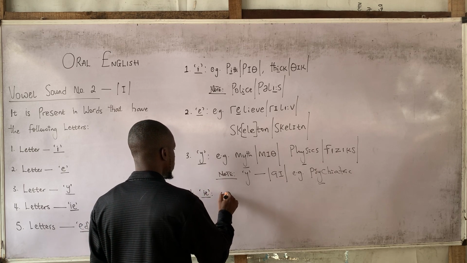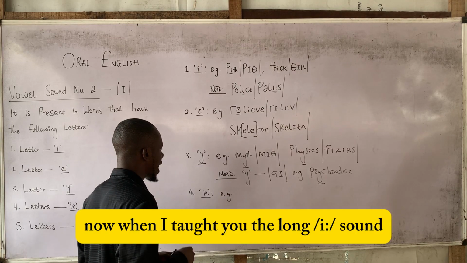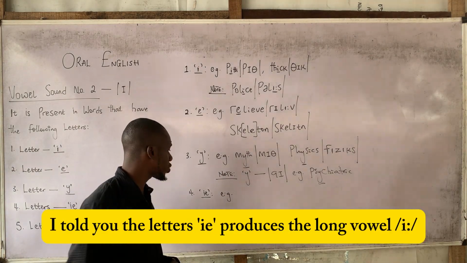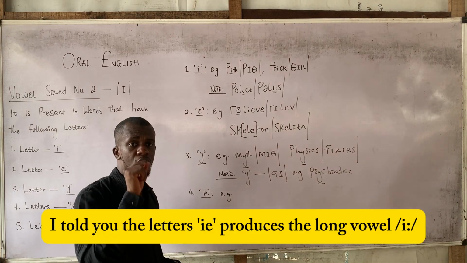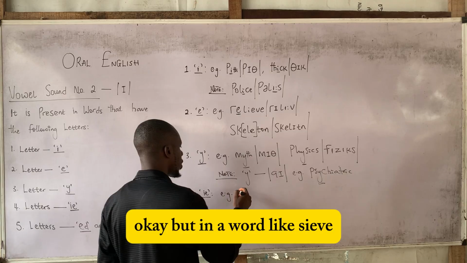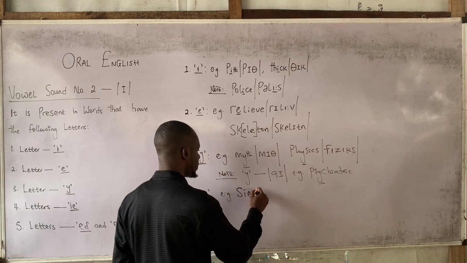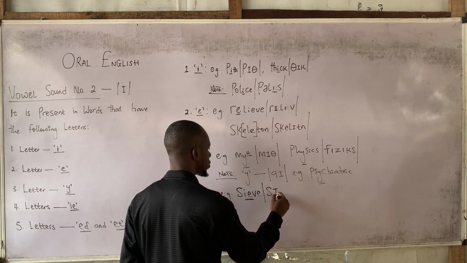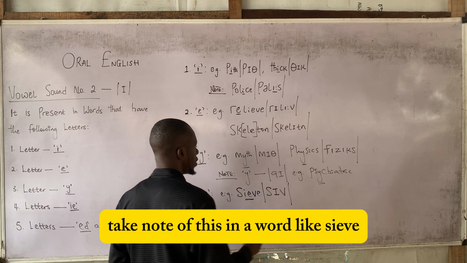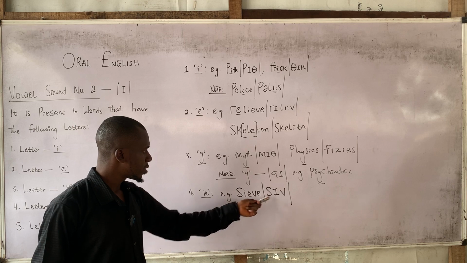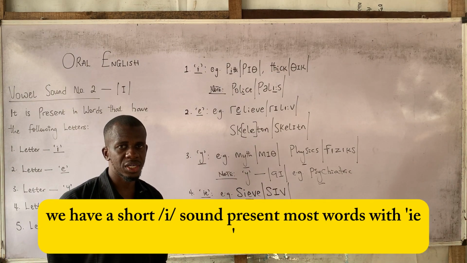Now, when I taught you the long E sound, I told you the letters IE produce the long vowel E. Okay. But in a word like see, the IE is actually short. Take note of this. In a word like see, possessing IE, we have a short E sound present.